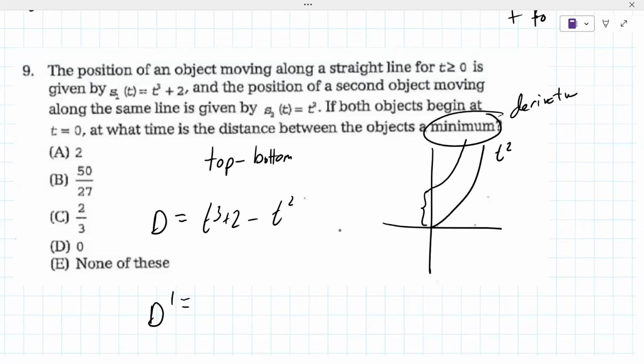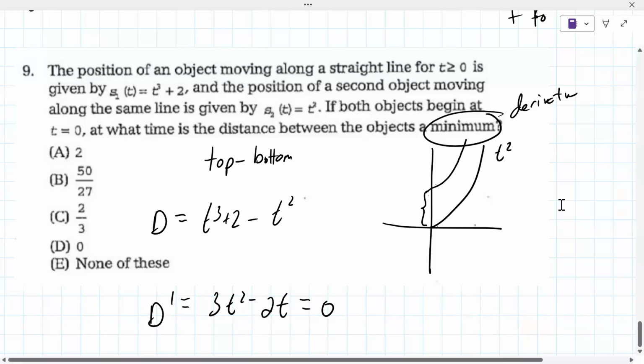What is the derivative here? 3t squared minus 2t. Okay, and could you set that equal to 0 and solve for the critical points? t equals 0 and 2/3.